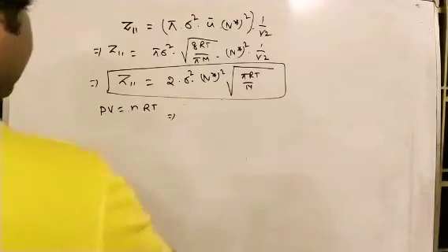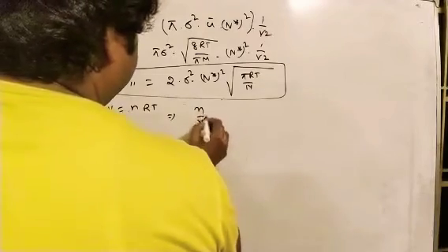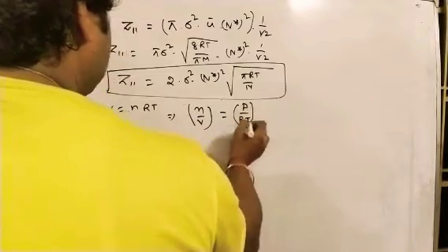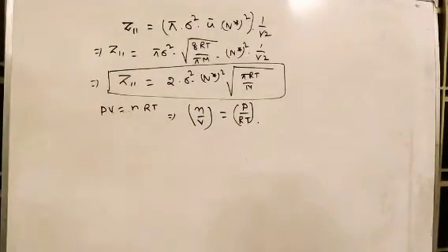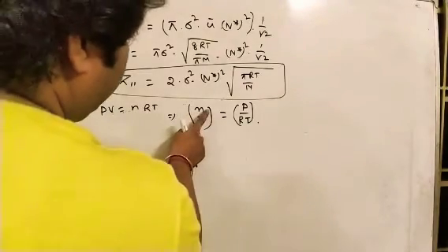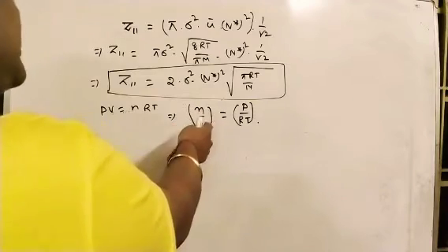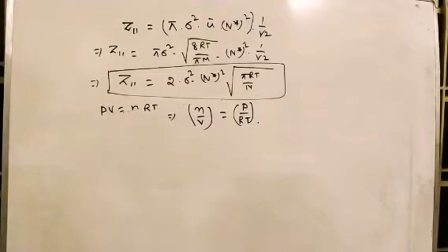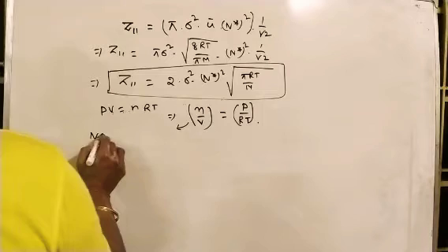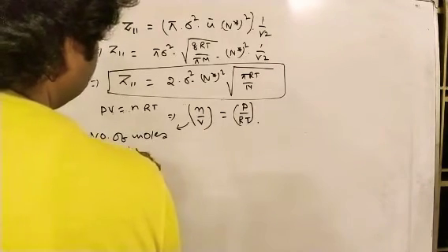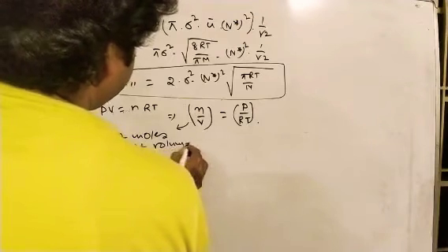So from here, can I say N by V is equal to P by RT? Think about it. What is N by V? Don't make a mistake. This is not the number of molecules per unit volume. This is the number of moles per unit volume.